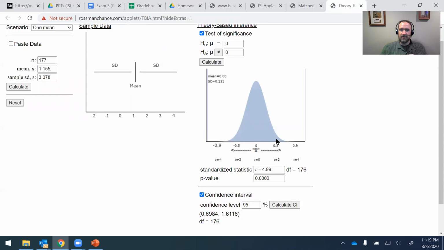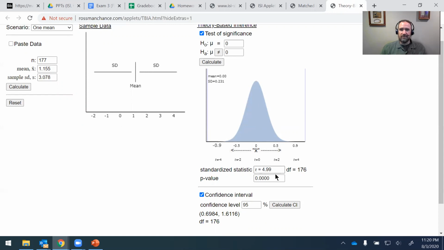That is not where a typical result ends up. That's way out there. What's the probability of seeing a result this far out if this null is actually the truth? Our p-value says there's essentially no chance of seeing a result like this if the null hypothesis is true.